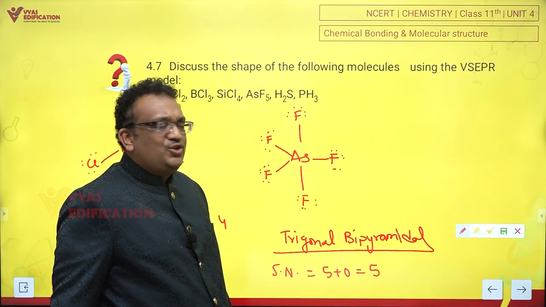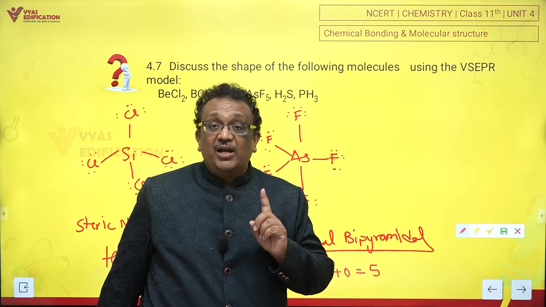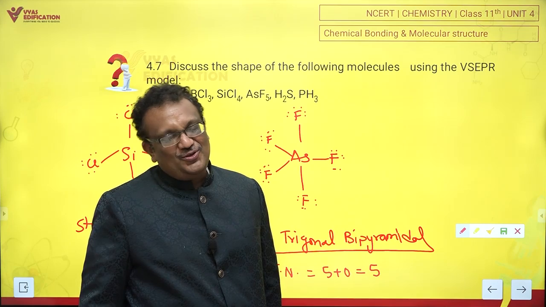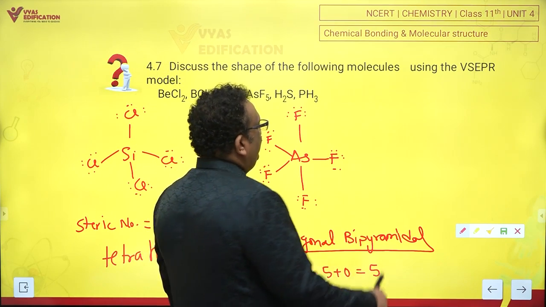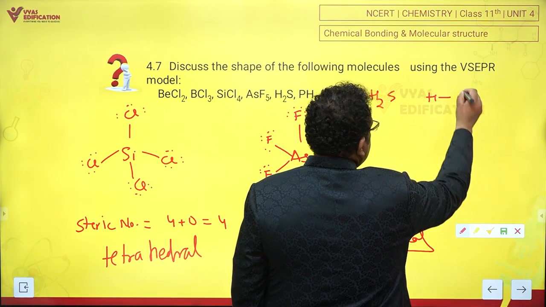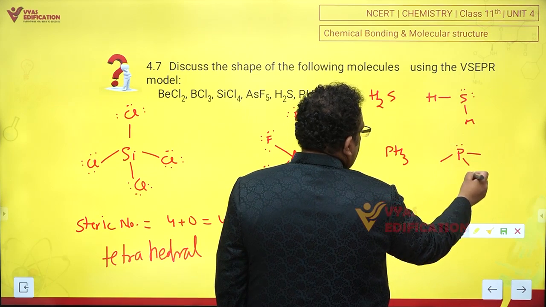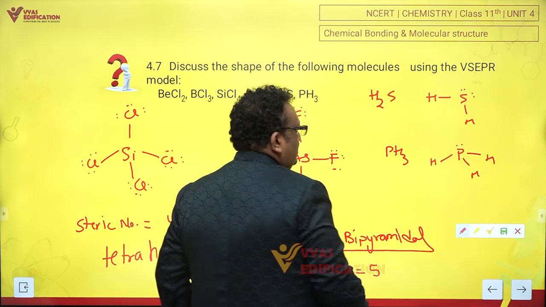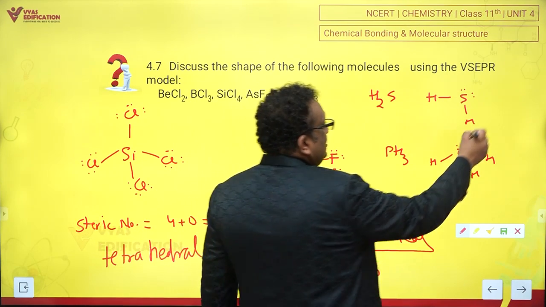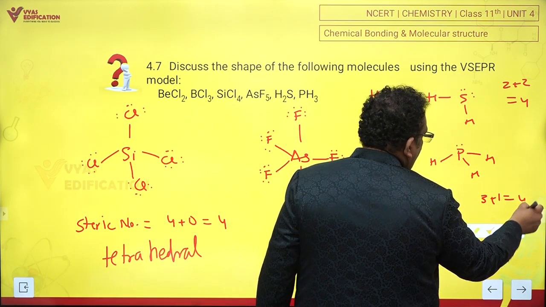Then we have the lovely H2S and phosphine. Till now, please note, the number of lone pairs on the central atom is 0. And when you talk about H2S and phosphine, the story slightly changes because in H2S, you have H, S, H, and in phosphine, you have P, H, H, H. If you watch the steric number, it is 2 plus 2, which is 4, and it is 3 plus 1, which is 4 again.